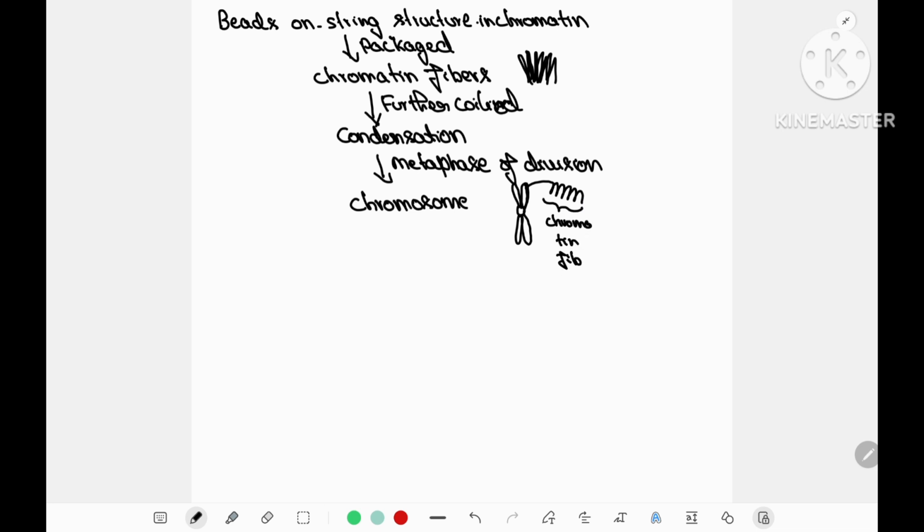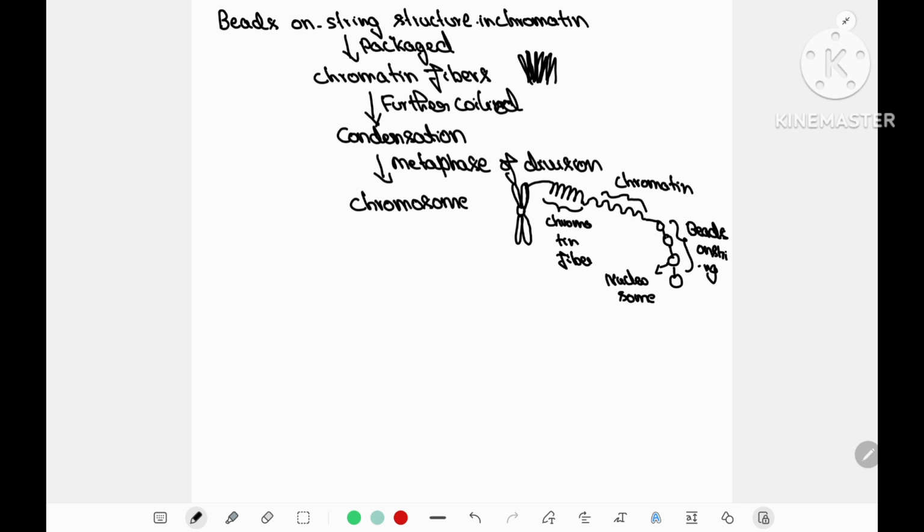Now, when we uncoil a chromosome, what do we get? First, we get a chromatin fiber. Further uncoiling will give us chromatin, further uncoiling will give us a nucleosome, and further uncoiling of the nucleosome will give us histone proteins separated from the negatively charged DNA.